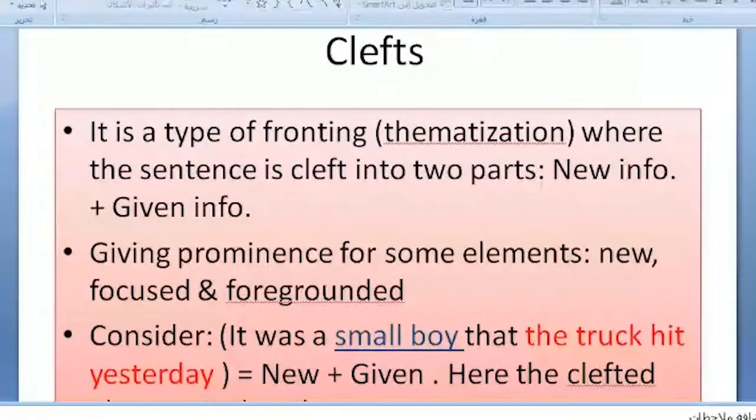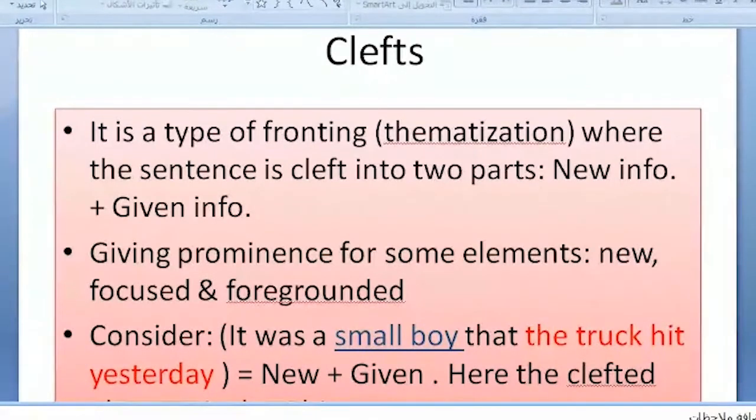We want to consider it as new information. This is the important part I want to emphasize. I don't want to focus on the truck or on the process of hitting or on the time of the hitting, which is yesterday. No.